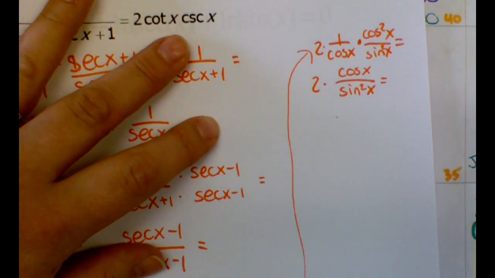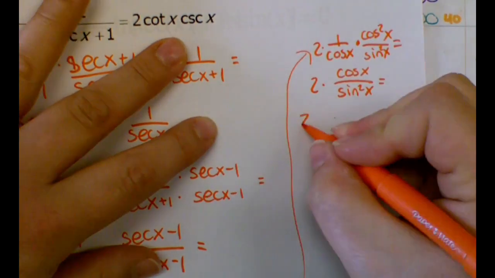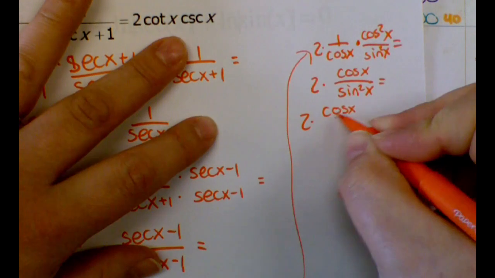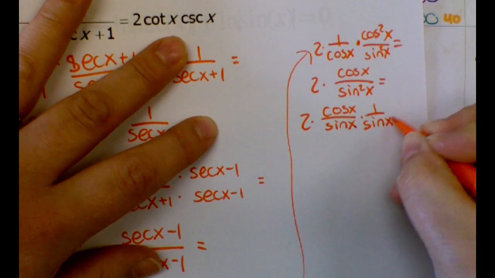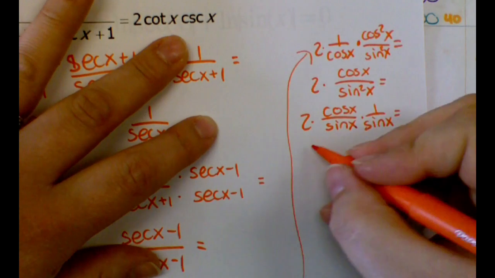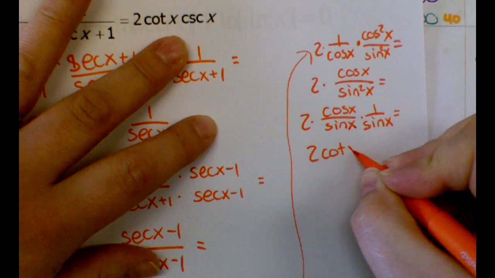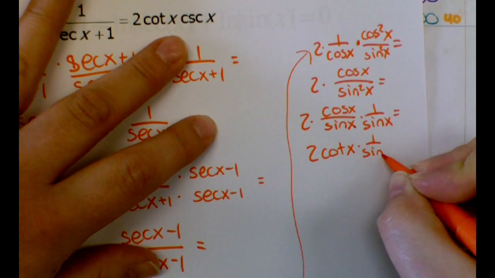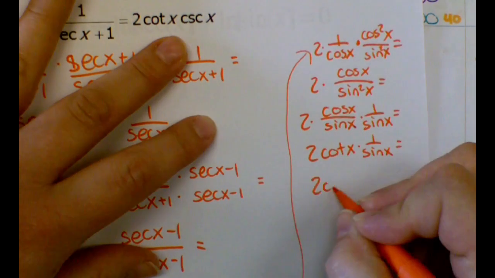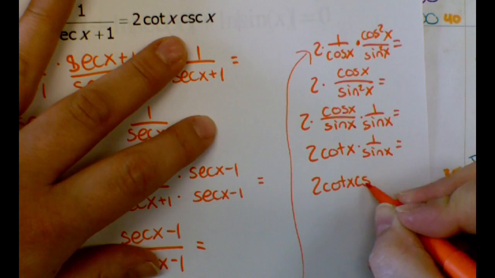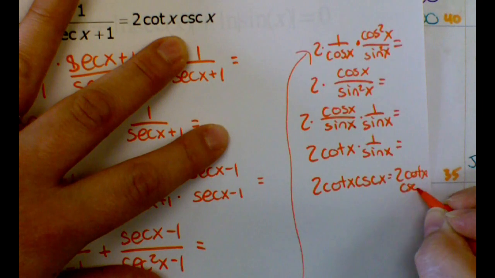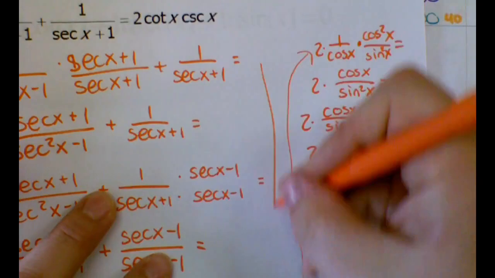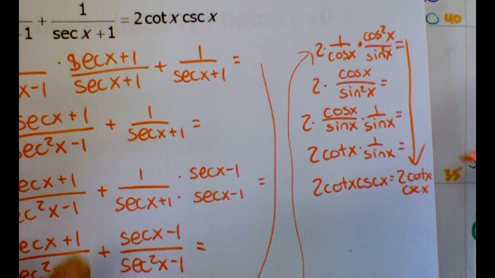Now I rewrite it to fit what I need. I need a cotangent, which is a cosine over sine. And a cosecant, which is a 1 over sine. And look at that, that's right. It's just getting it to that spot now. One step at a time. 2 cotangent cosecant equals 2 cotangent cosecant. And draw my big arrows in so I remember I just brought that down.